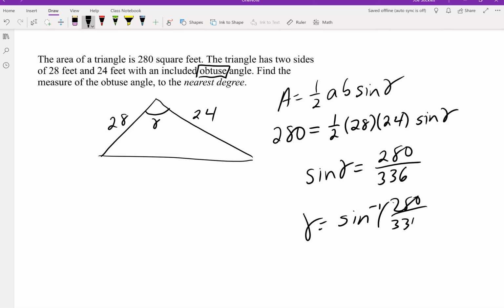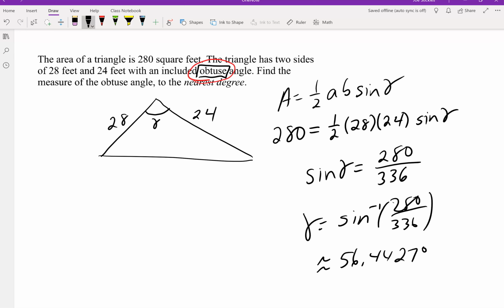Okay, now we go along and do the inverse sine like we always do. So inverse sine of 280 divided by 336 is 56.4427.